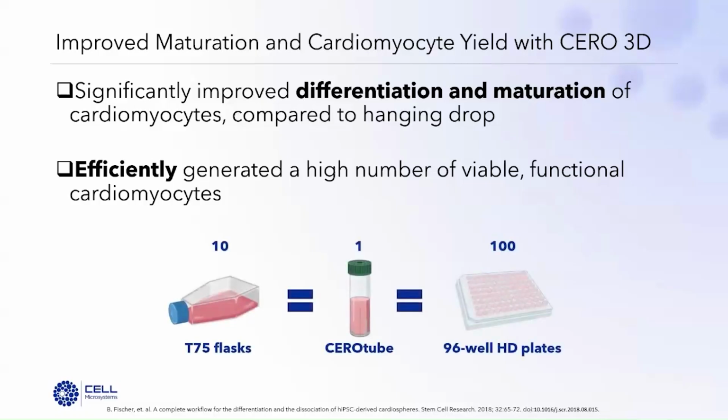In fact, they found that in just one serotube, they could generate the same number of cardiomyocytes as they would need more than 10 T75 flasks to do in 2D, or 196 well hanging drop plates. So a great improvement in the efficiency of generating those cardiomyocytes.